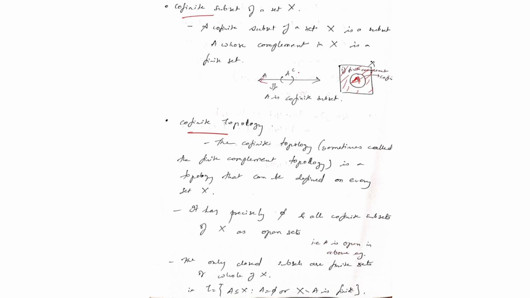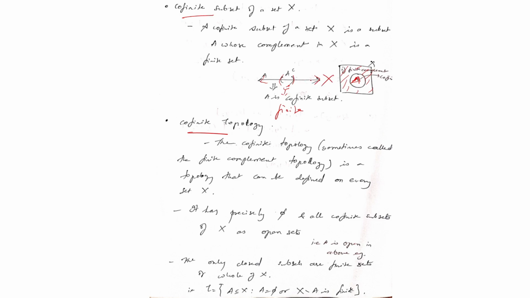So you can imagine it as, if we have a real number line, and we are excluding this part and taking the remaining as A, its complement, that is this part, is finite. Fine. So since this is finite, A will become a cofinite subset of this X.